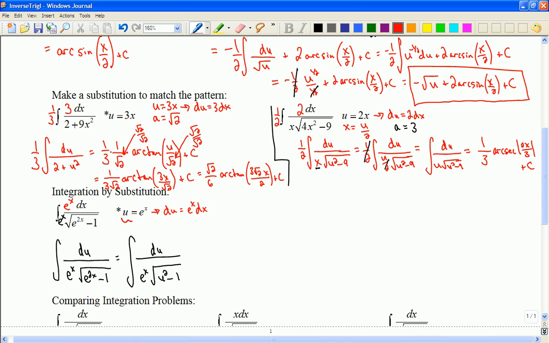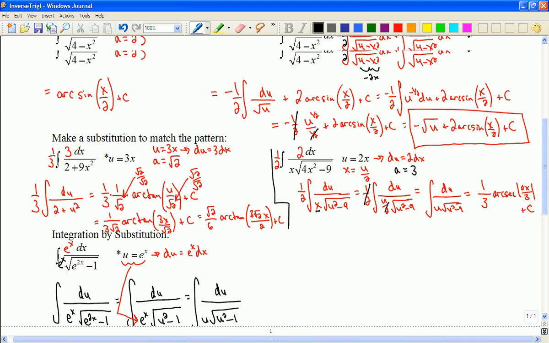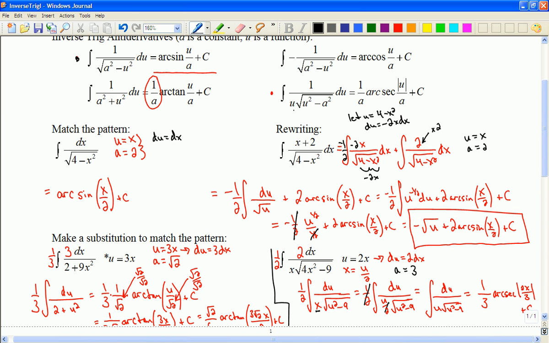And u equals e to the x, so we want to get rid of this because there's an x in it. We can't have an integral with more than one variable in our course. So I'm going to replace this with u. And of course that was meant to happen because if you look at our choices here, this is the one we're going with again. And if that wouldn't have happened, it wouldn't work out so nicely that it's arc secant.